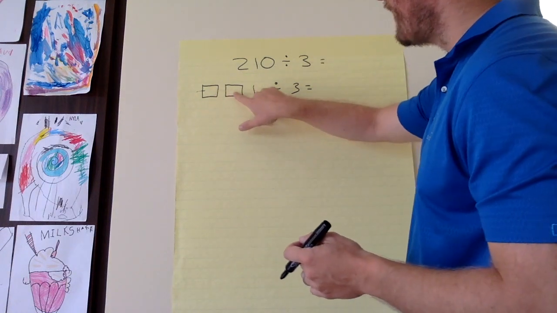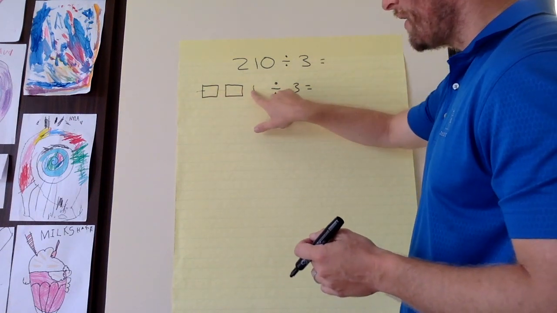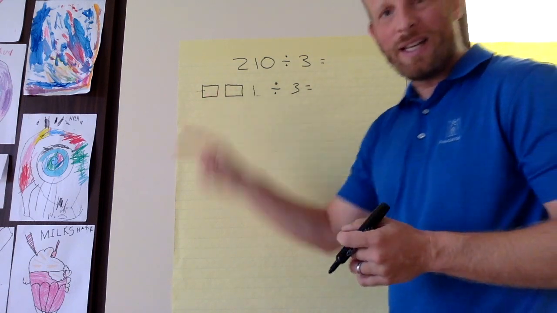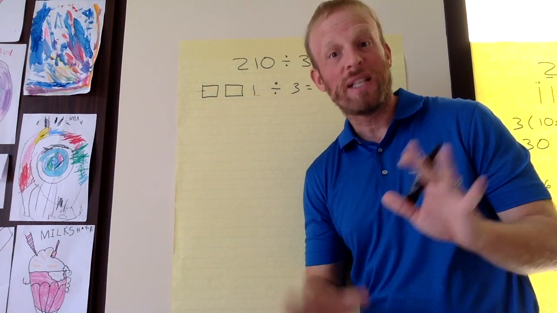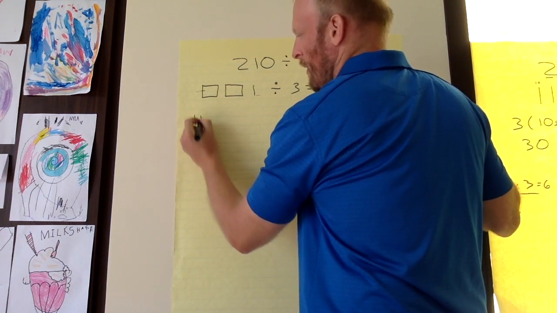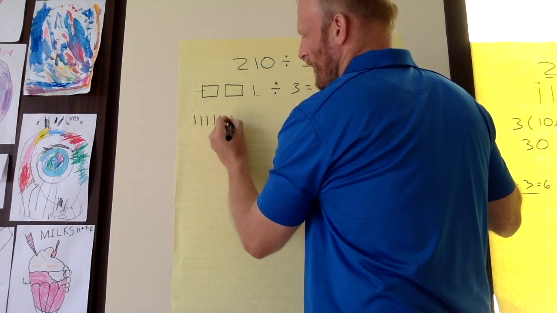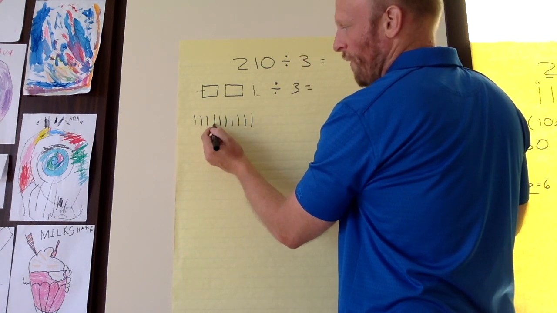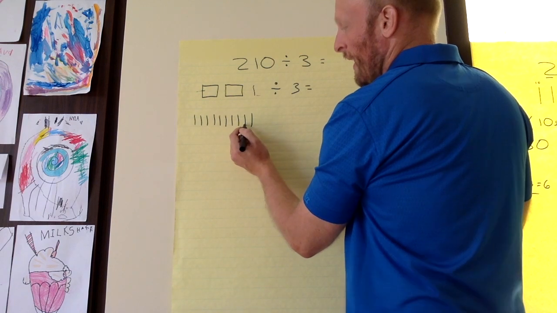We know that this is 210, and I know that one flat is 10 longs, right? So let's get that going. 1, 2, 3, 4, 5, 6, 7, 8, 9, 10. So there's 100: 10, 20, 30, 40, 50, 60, 70, 80, 90, 100.